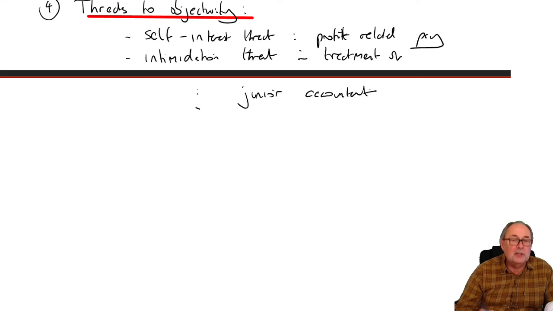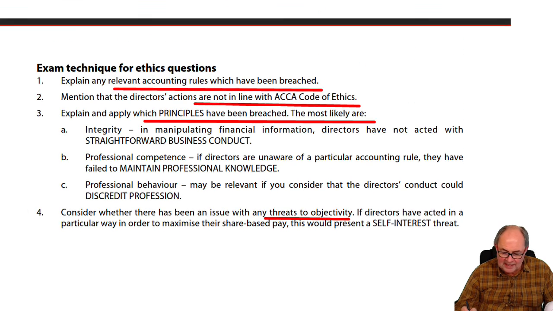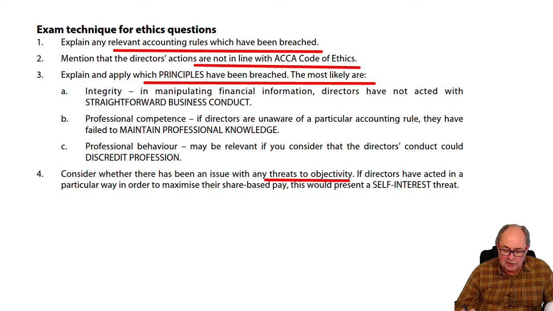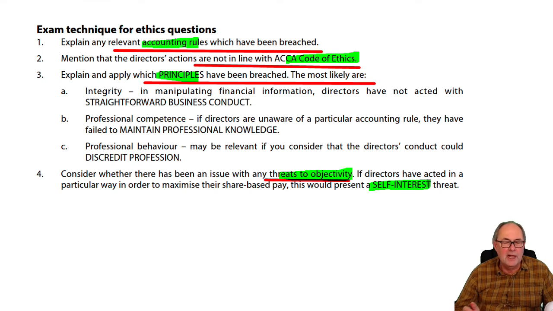You see my little checklist there. So let's look back at that checklist again. So we've said accounting rules, mention the code of ethics, mention principles, mention threats, so words like self-interest, intimidation, they're probably the main two that you would see.